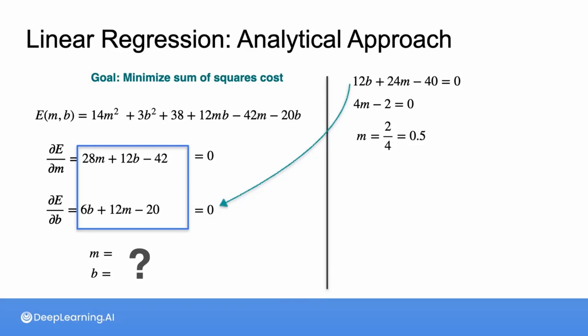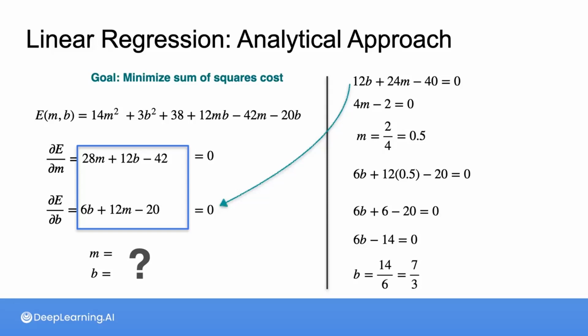Now let's take that m equals 1/2 and plug it back into the second equation to get 6b plus 12 times 0.5 minus 20 equals 0, or 6b plus 6 minus 20 equals 0, or 6b minus 14 equals 0, which gives us the solution b equals 14 over 6, or 7 over 3.